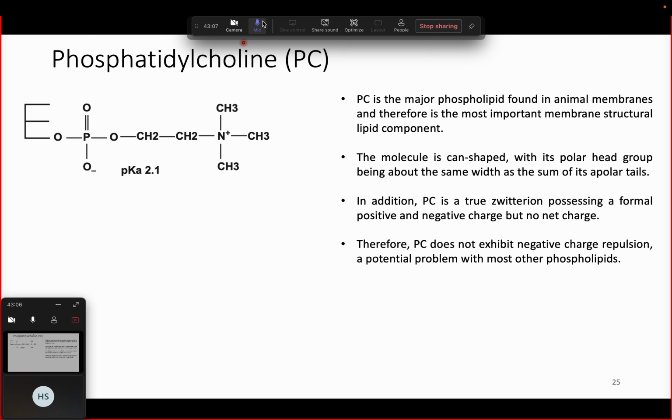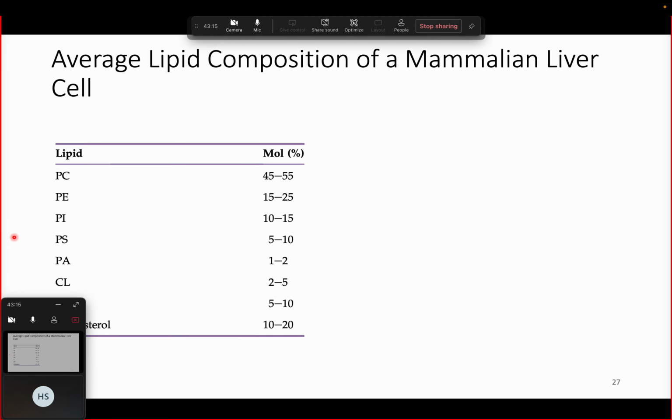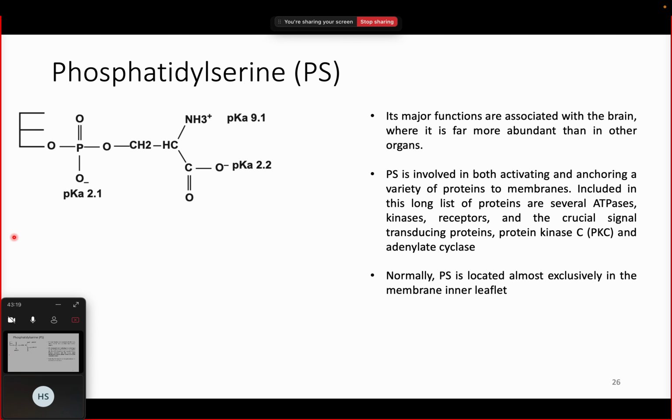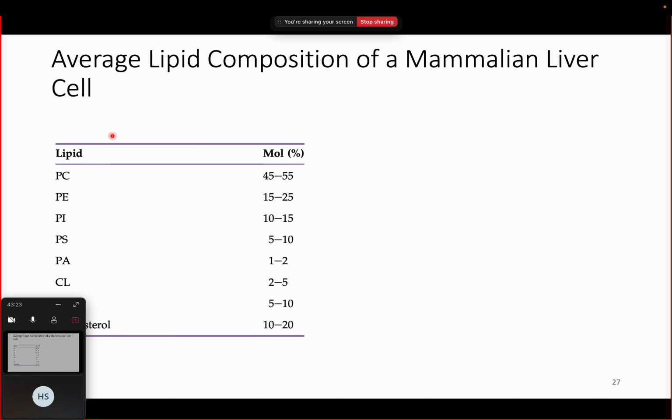So these four lipids, that is PA, PC, PS, and PE, as you can see in their backbone, they are very similar. In the next class, I'll show you how you can actually interconvert these four types of phospholipids.